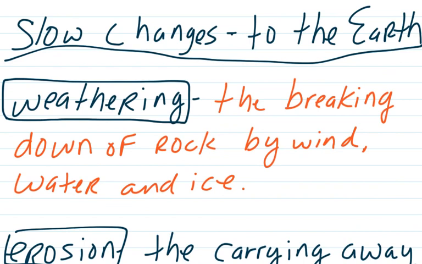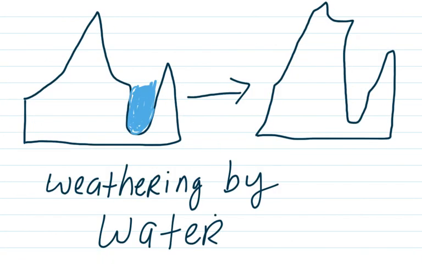So, now let's look at some examples of weathering. So weathering by water. If we start off with this picture and we have some water sitting right here in this pocket. Well, after a while, this water is going to wear away, and then it's going to leave this looking just like this.